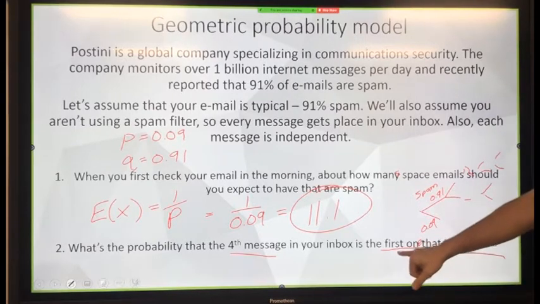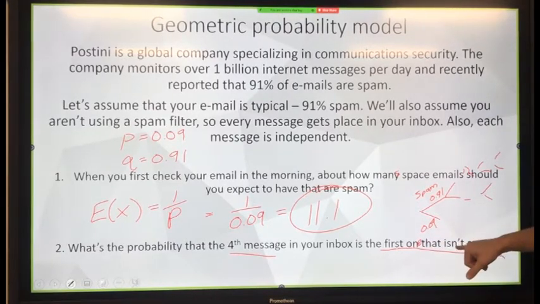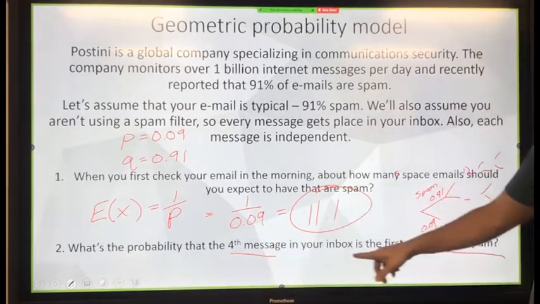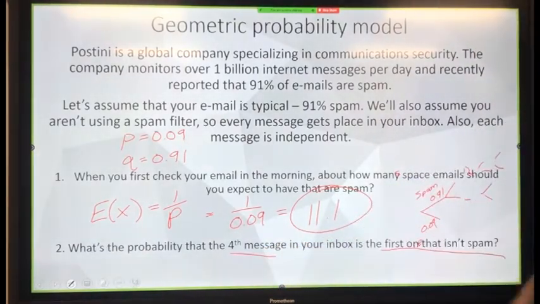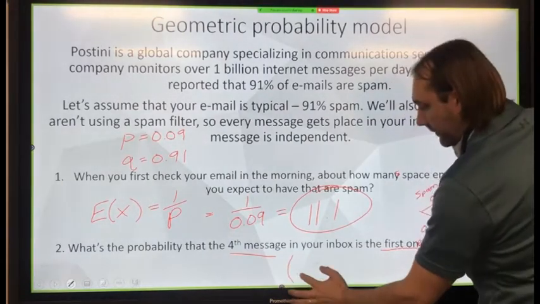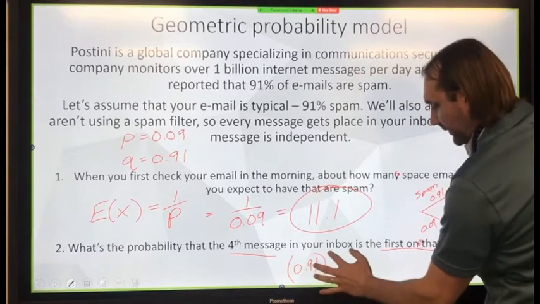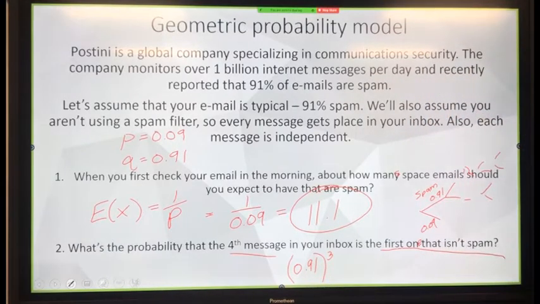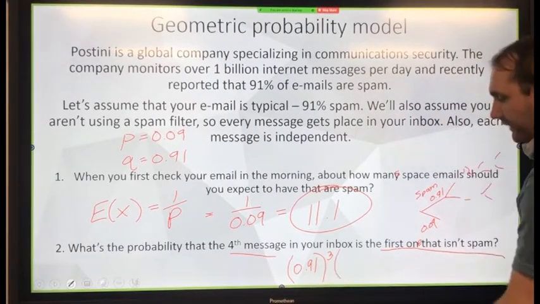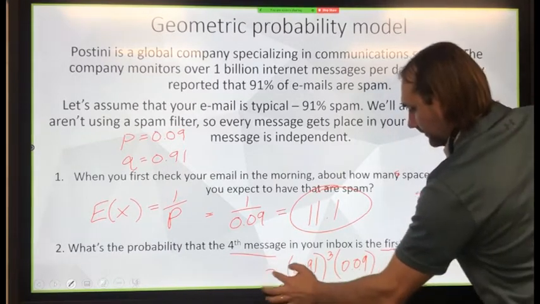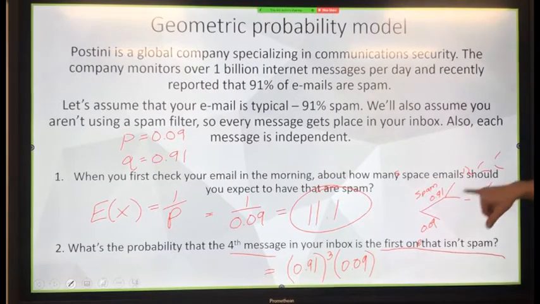I know that my first one that is good, that means how many are spam out of 4? 3, right? The first 3 are bad. So I need to multiply the probability of bad, 0.91, to the third power, until I get to one that is good, which is 0.09.